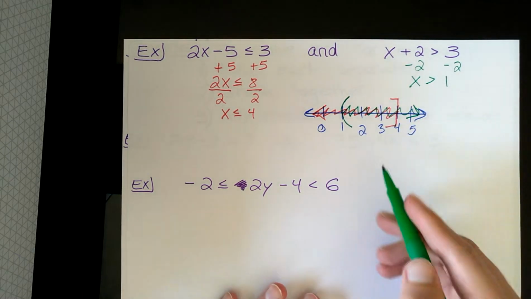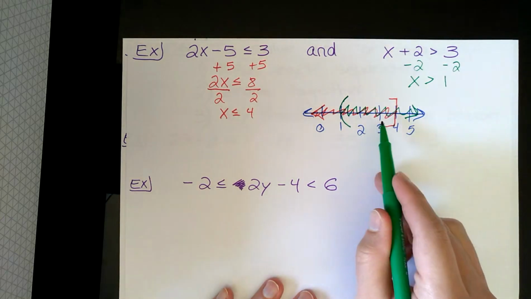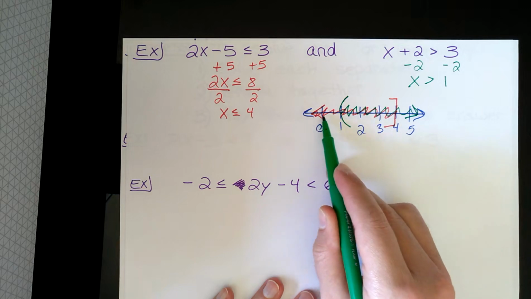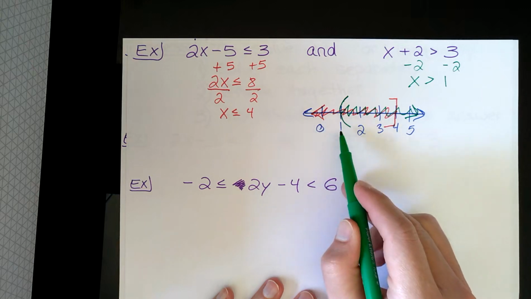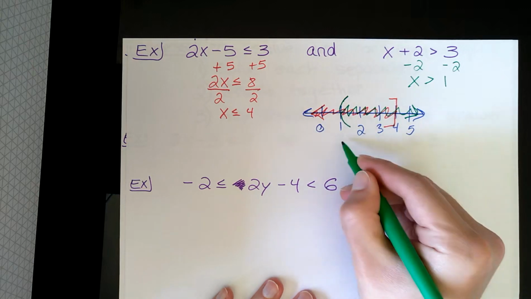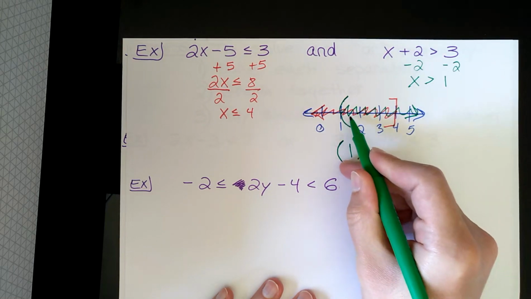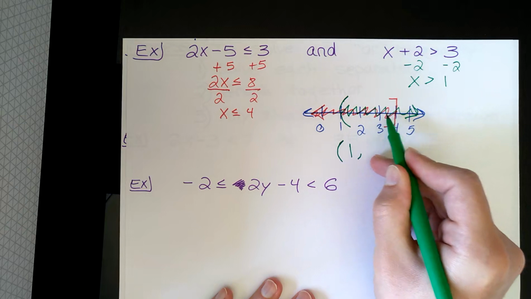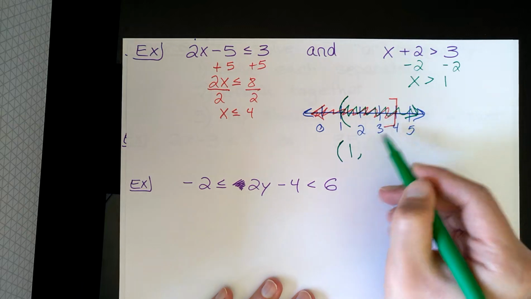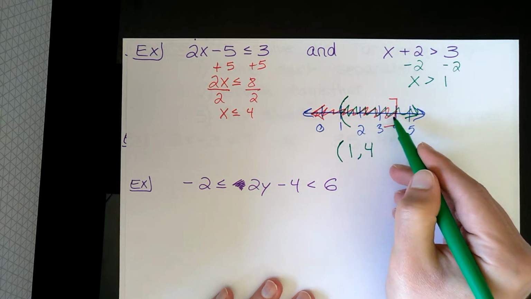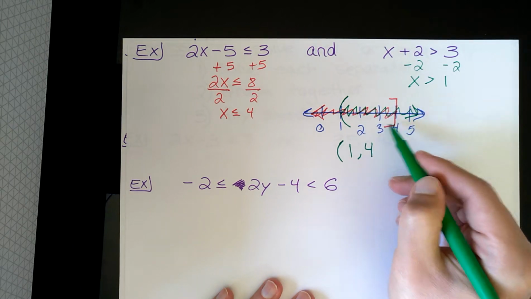And now what's the commonly shaded area here? Well, starting at the left side, we have common shaded area at 1, but there's a parenthesis, so we put a parenthesis at 1. And now we go to the right until the common shaded area stops. That's at 4. And at 4, we have shaded green and a red bracket.